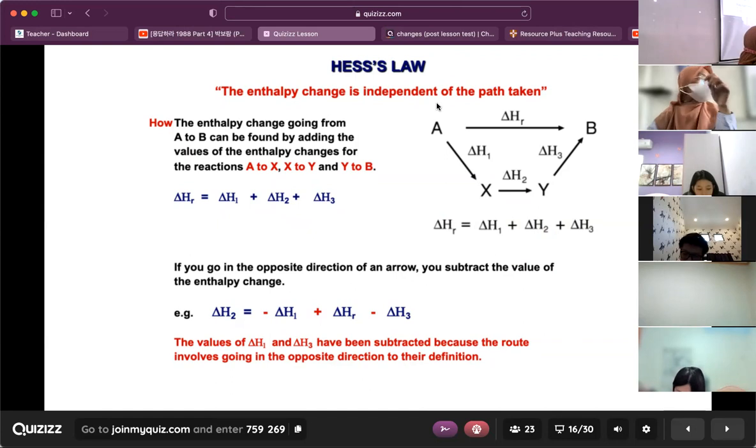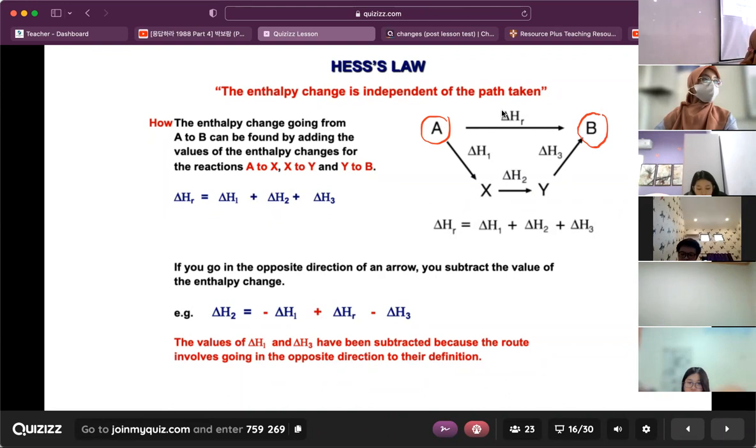If you see here, we have A and B. If we want to change A to become B, we need this amount of energy, delta HR, this much of enthalpy change of reaction.